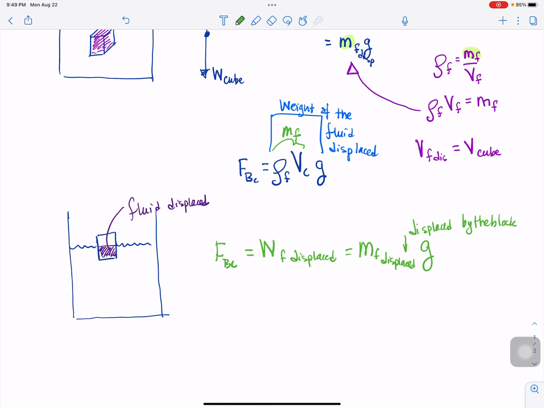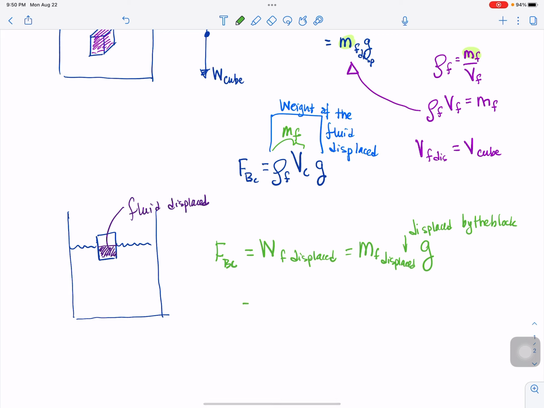In other words, there was originally some fluid here, but the block pushed it aside, and so it's the weight of that fluid that was pushed aside by the block that the buoyant force is equal to. So buoyant force is equal to the weight of the fluid pushed aside by the block. Hopefully I'm not being too redundant and this is actually being helpful.